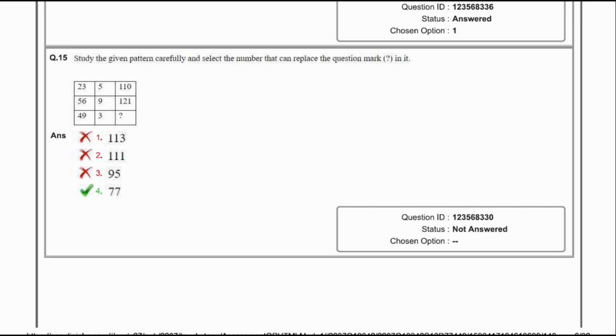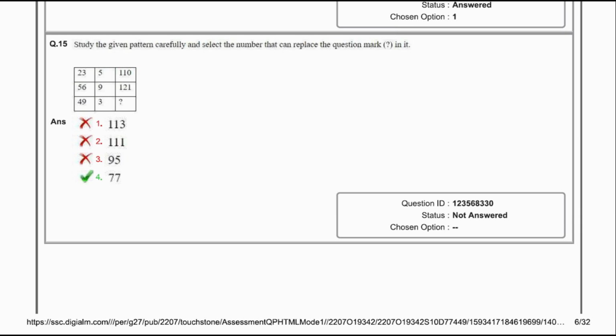You have seen the numbers in this question. The option 77 is the correct option. 7 into 11. So 77 is the correct option, option 4.